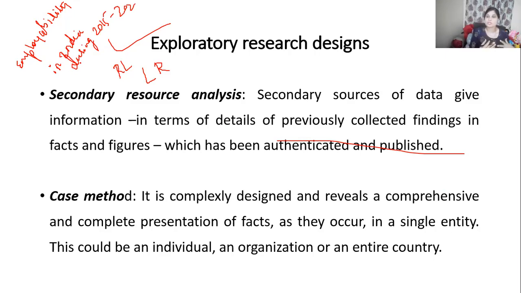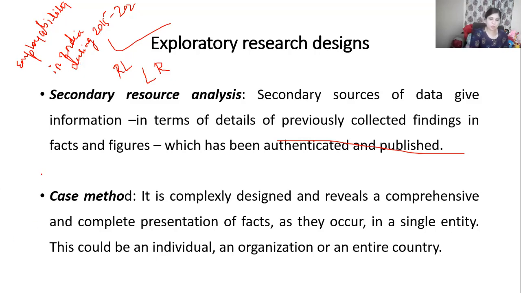So I have to get the secondary data, right? Means secondary sources of previously conducted researches related to this particular topic, or the data already available with government, or with various research agencies. So I have to go through all this data. Why am I going through all this data? To get clarity about my area of study or the topic under study. Next is case method.